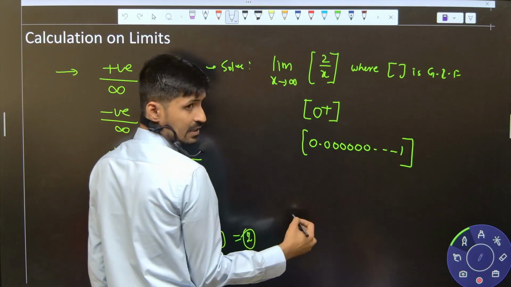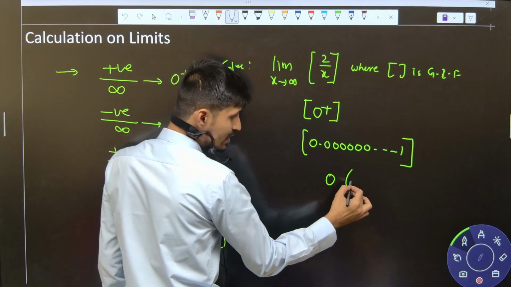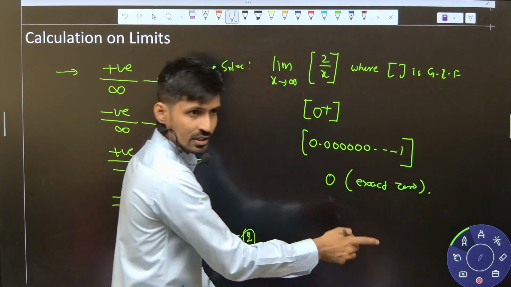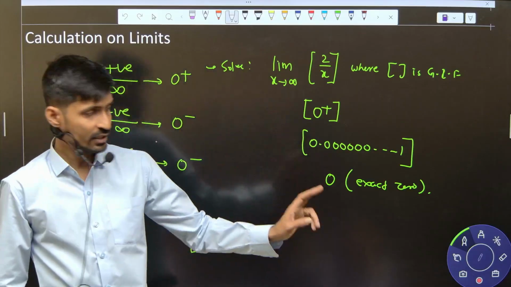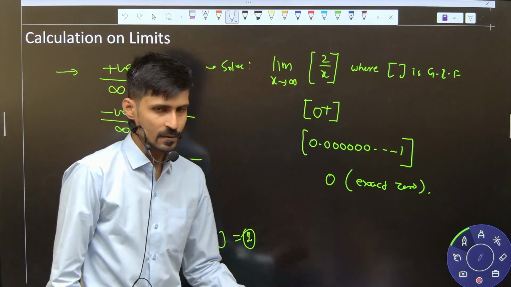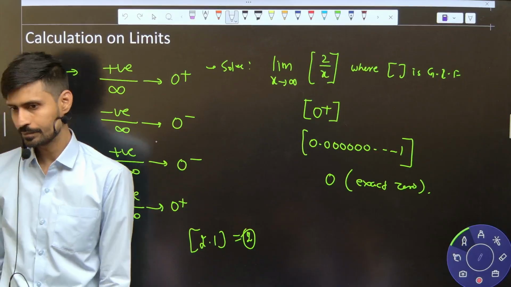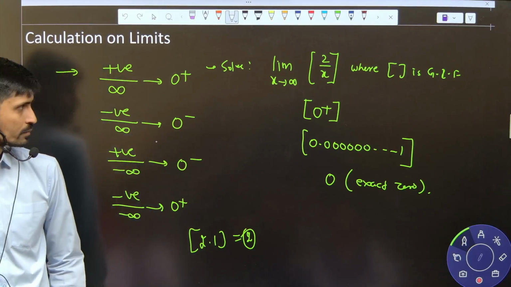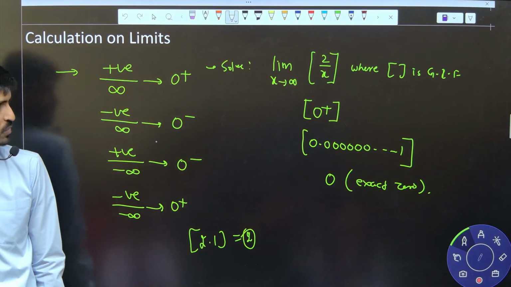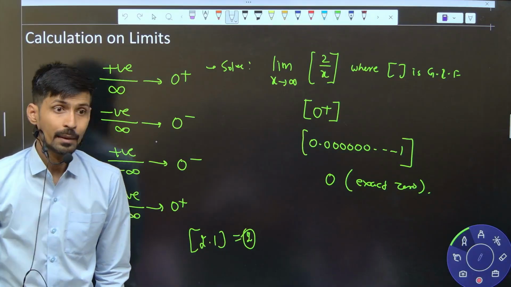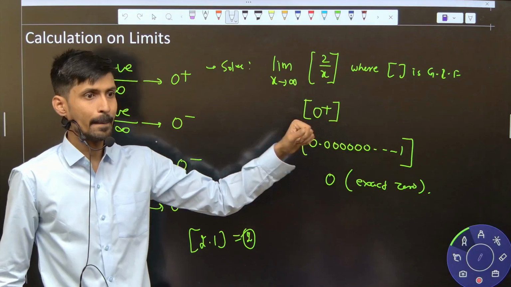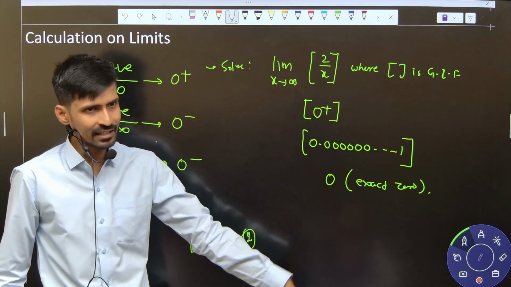Now tell me what is the greatest integer of that? 0. And this 0 is exact 0, not 0.00000. But if that bracket is not there, the answer will be 0 plus. Because of the bracket, the answer is exact 0.